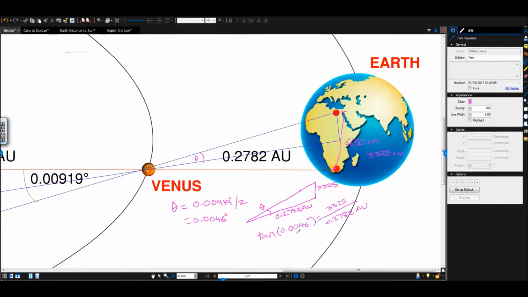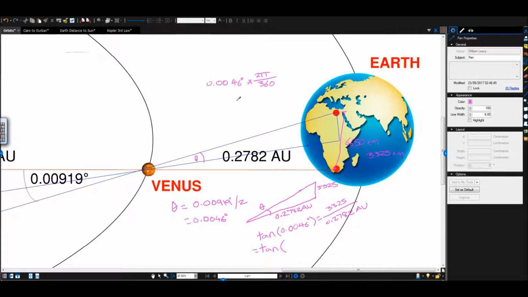But tan is inaccurate for very small angles. It's actually inaccurate, and especially in degrees it's quite small, so we should convert that to radians. So that equals tan. Let's convert. So to convert degrees to radians, you multiply by 2 pi over 360. I'll just do it quickly up here. So 0.0046 degrees by 2 pi over 360.